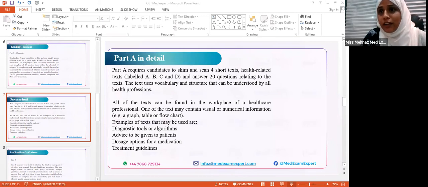One more tip. In part B and part C, obviously you're going to write A, B, C, or D. But when it comes to part A, make sure that you write down the phrases right. You won't be given negative marking if it's wrong, so try to finish everything and don't leave any blank.